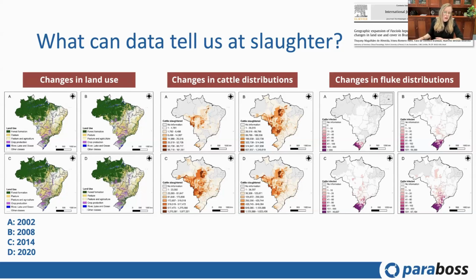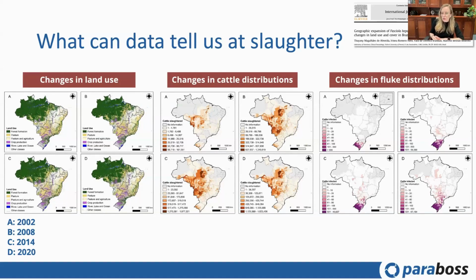So the graphs go from A, B, C, D, so top two, bottom two for each different set of graphs, and it's 2002, 2008, 2014, 2020. As you can see, as we're increasing the deforestation in Brazil, we're seeing an associated change in cattle distributions moving up through the north of Brazil.